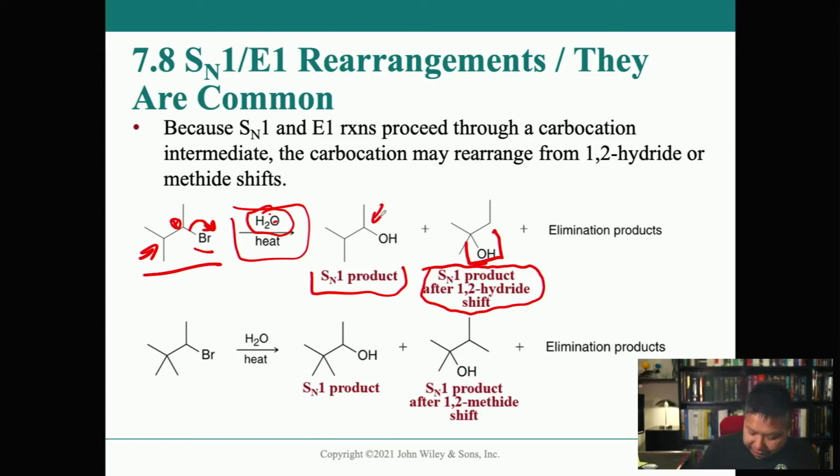The same thing is true of the elimination products too, right? So here, I'm sorry, we have elimination products here. I got confused. This is just another one.